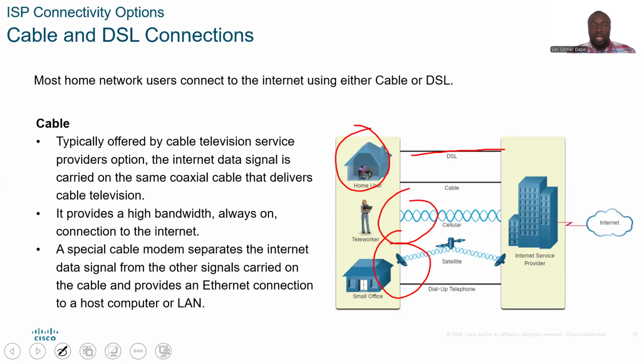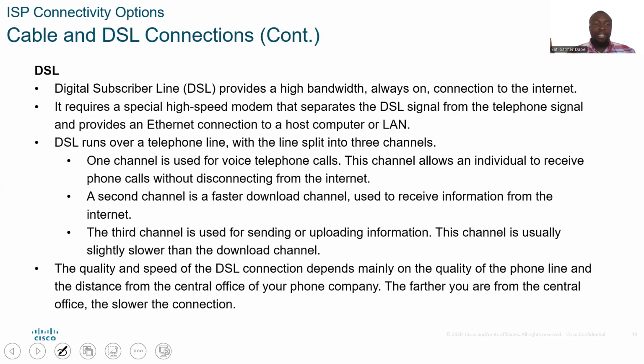So there are different ways that you can have an internet connection. DSL provides a high-bandwidth, always-on connection to the internet. It requires a special high-speed medium that separates the DSL signal from telephone signals and provides an Ethernet connection to a host computer or a LAN.